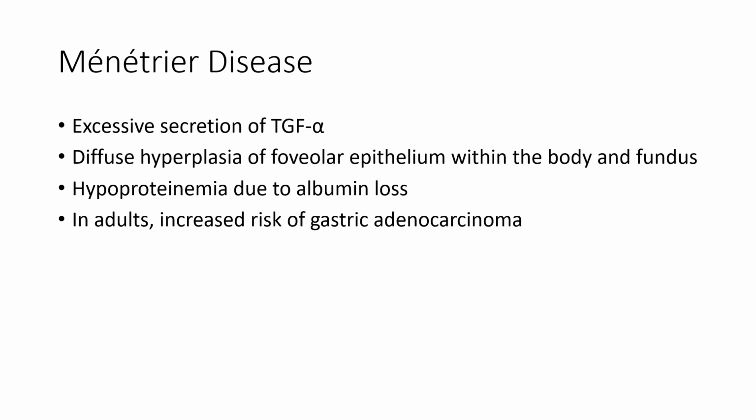It is due to excessive secretion of transforming growth factor alpha, or TGF alpha. Symptoms include hypoproteinemia, weight loss, diarrhea, and peripheral edema, which is due to protein loss. In adults, there is increased risk of developing gastric adenocarcinoma.